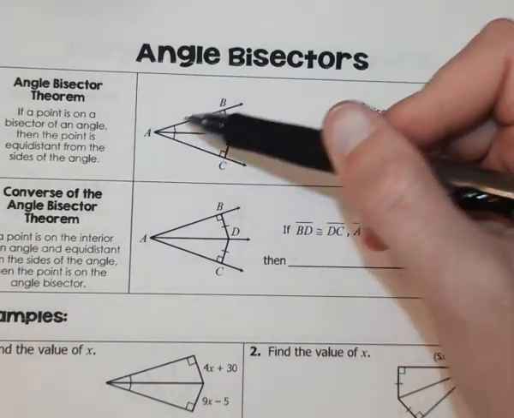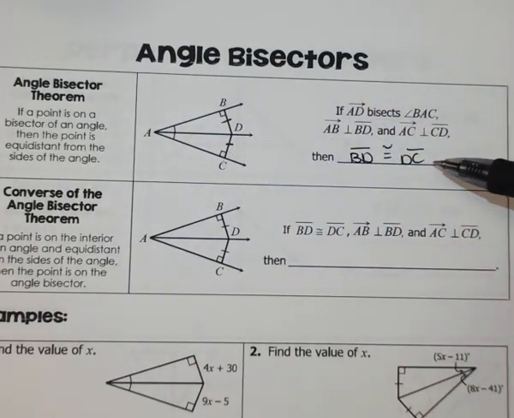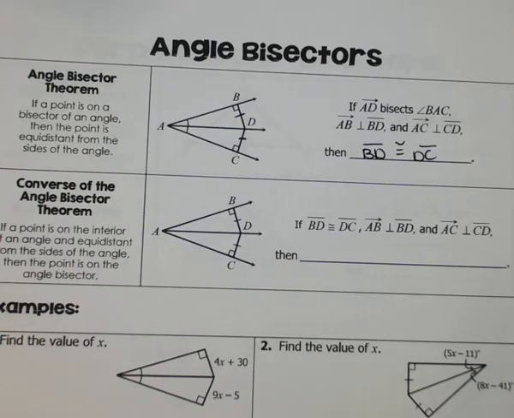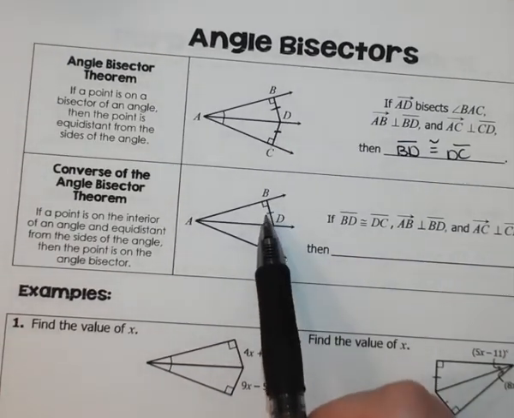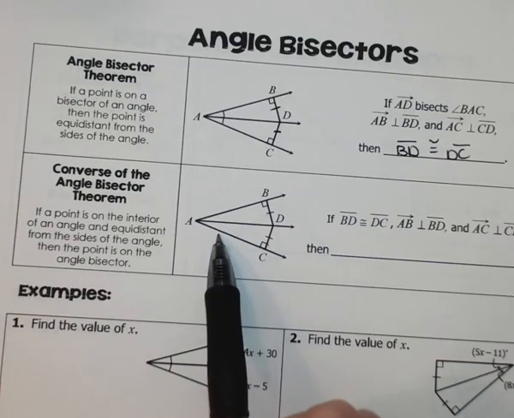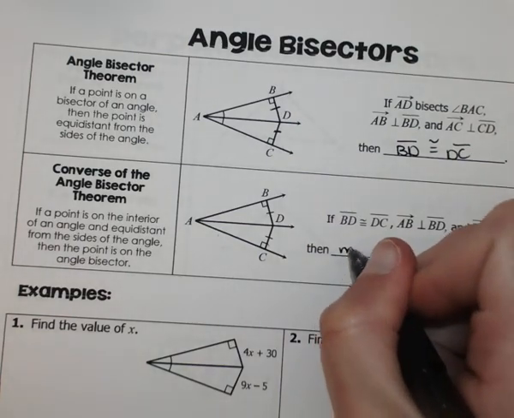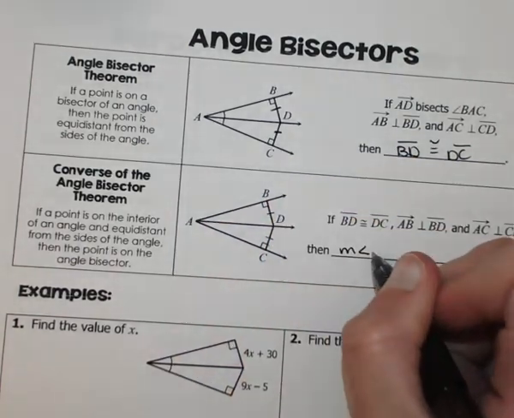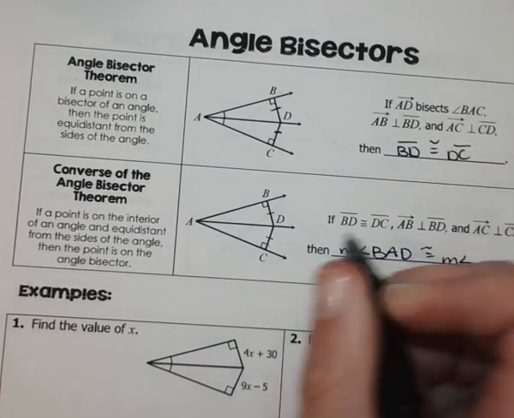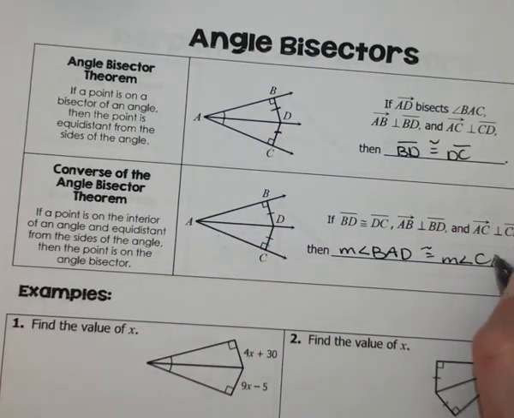Again, you have to have your angles and then your 90-degree boxes to know that. And then the opposite is true. If you have the boxes and BD is congruent to CD, then the angles down bottom are congruent. So the measure of angle BAD is congruent to the measure of angle CAD.